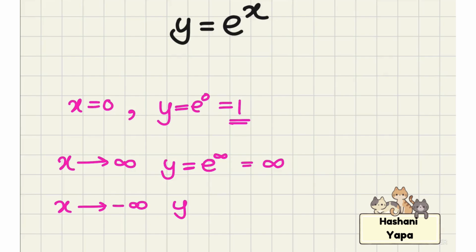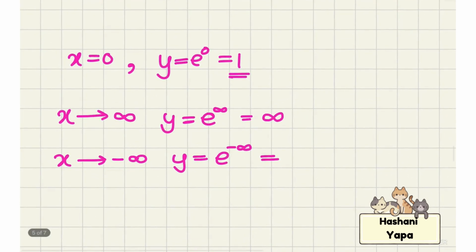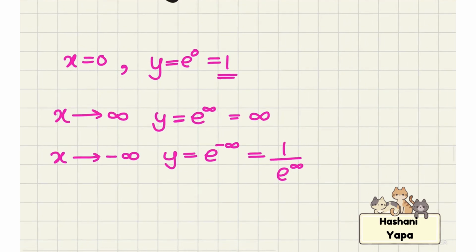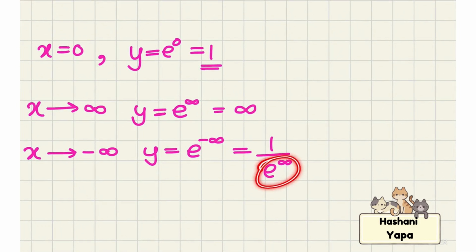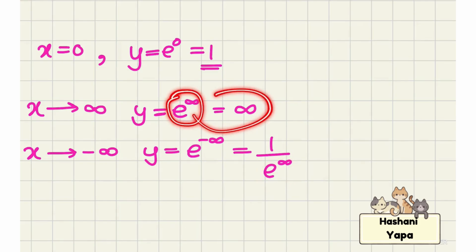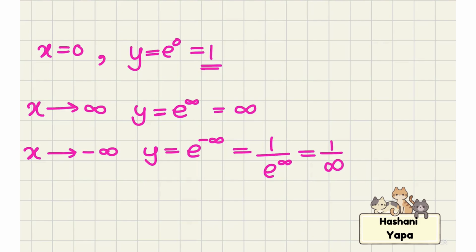Then y is going to be e to the power minus infinity, and that is going to give us a value 1 over e to the power infinity. E to the power infinity is a very large number, so 1 over a very large number is 1 over infinity, and that is equal to 0. So we know these things.